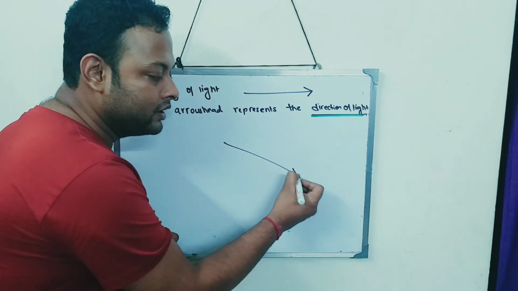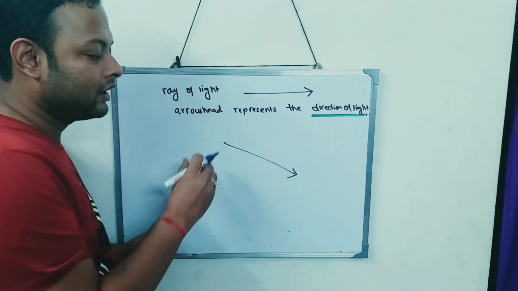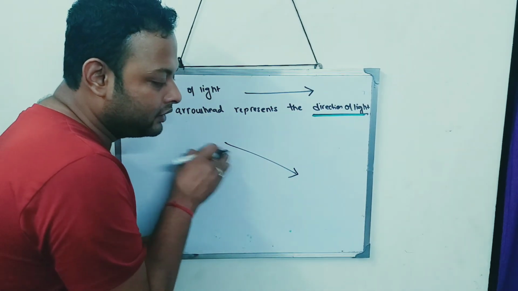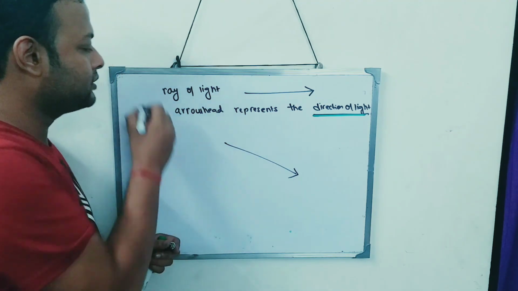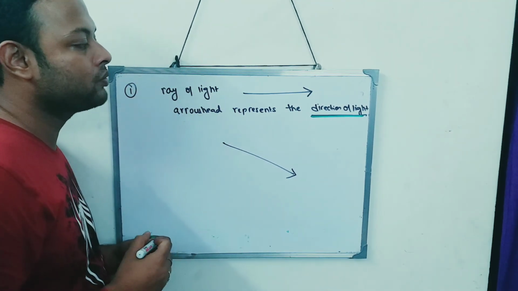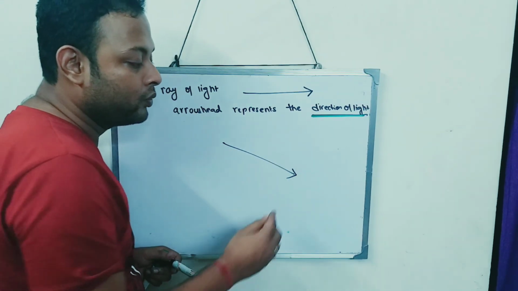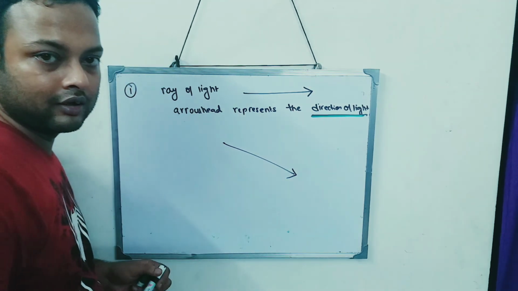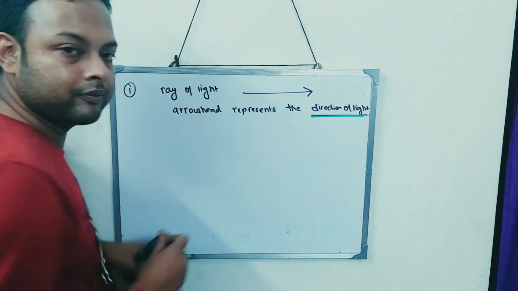But once you indicate this arrowhead, it is very clear to everyone that light is going in this direction. So the first point that you have to remember is that we have to represent the ray of light with an arrowhead. Okay? So this is the first point.